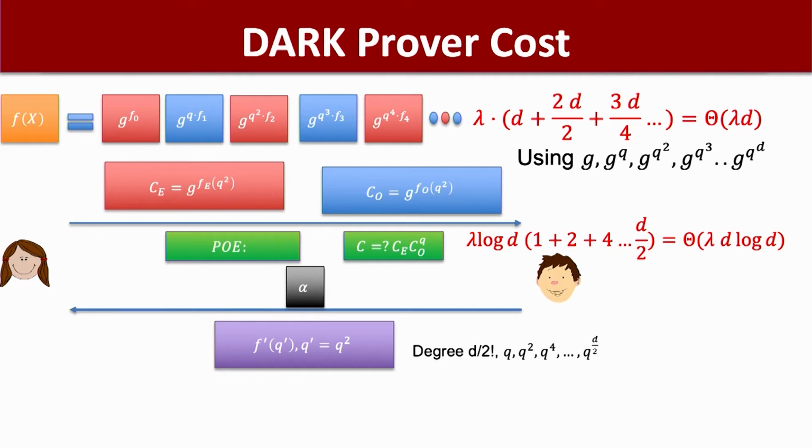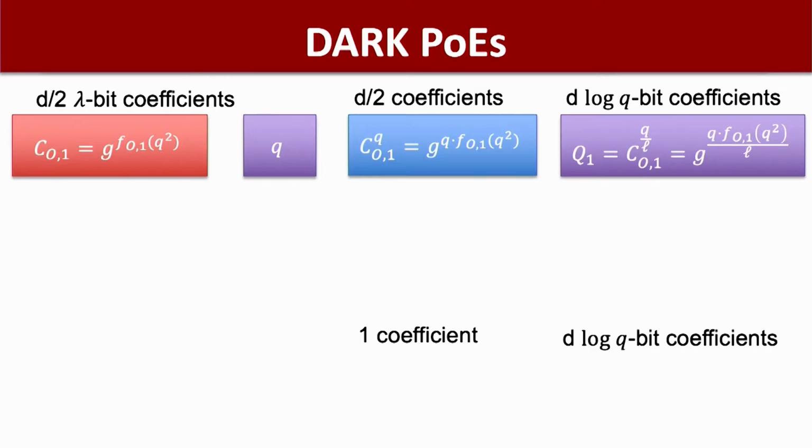So let's break down the cost a little bit more and see what we can do about this. In the first round, this is all of the PoEs that I need to compute. I have this commitment here, my odd commitment, which has d over 2 lambda-bit coefficients. And then I need to raise that to the q and compute my PoE. The expensive part here is always going to be computing the PoE.